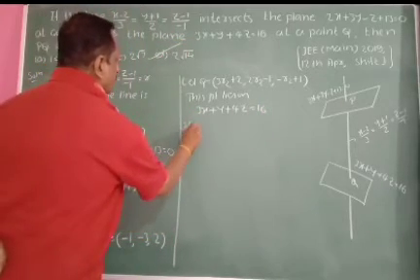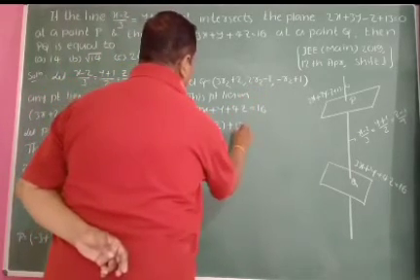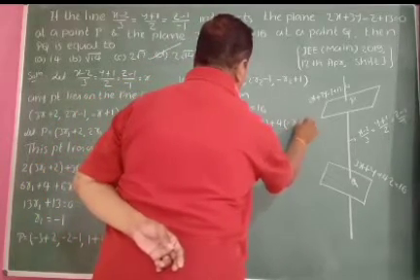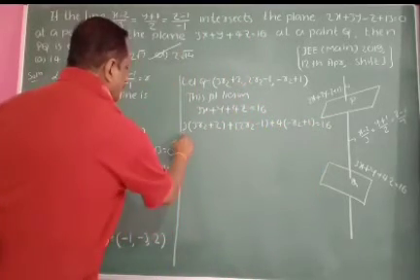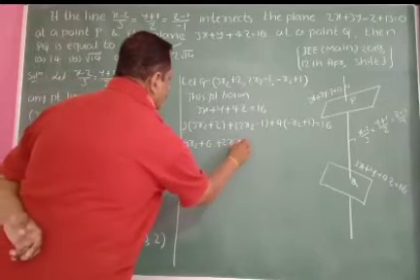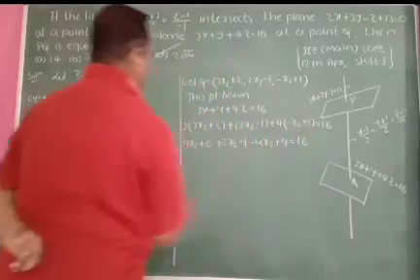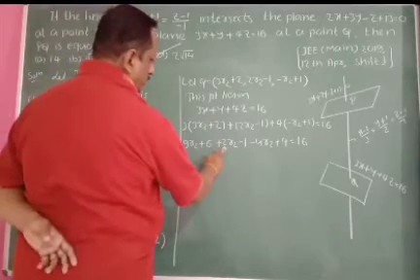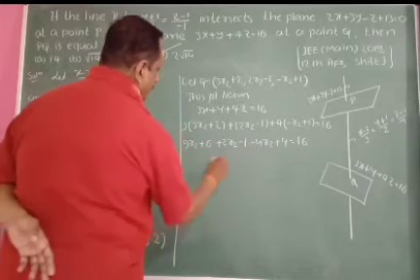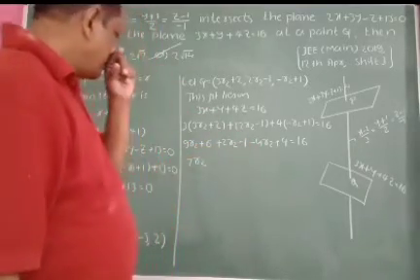So 3 into (3r2 plus 2), plus (2r2 minus 1), plus 4 into (minus r2 plus 1) equal to 16. 3 threes are 9, so 9r2 plus 6 plus 2r2 minus 1 minus 4r2 plus 4 equal to 16. 9 plus 2 is 11, 11 minus 4 is 7, so 7r2.